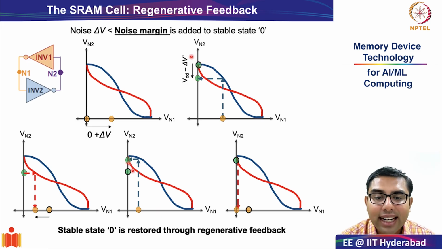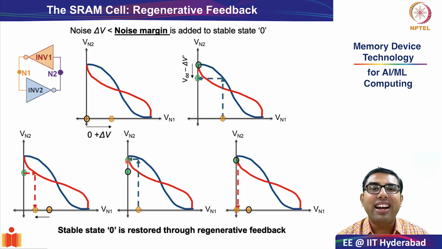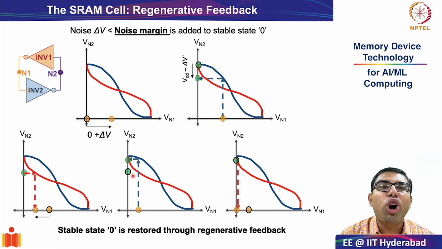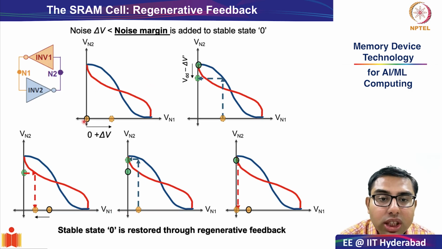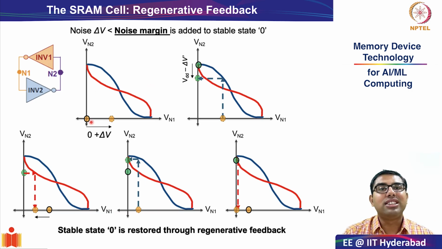And you see that the disturbance delta V dash in Vn2 has also been mitigated. And within a few so-called bouncing offs of the hysteretic loop, you will see that the state both at Vn1 and Vn2 has returned back, has been regeneratively fed back to the original state without any noise. And this is the core reason why there is positive regenerative feedback in the hysteresis loops.